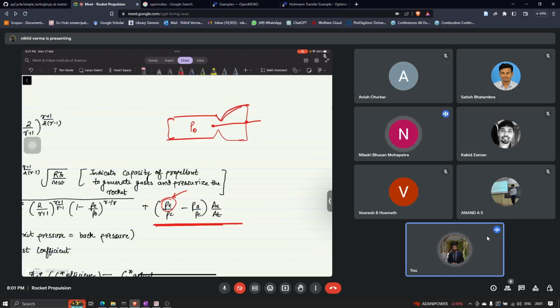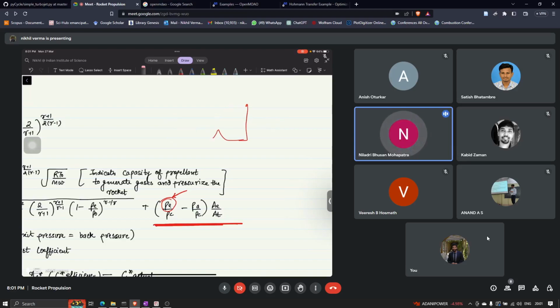I am calculating on the basis of one expression I derived. The moment I close the valve, whatever the mass inside the chamber was PC AT by C star. Now the rate at which it is leaving is d by dt of rho into VC. When I derived it fully, I got an expression: it varies according to e power minus RTC by C star L star into T.